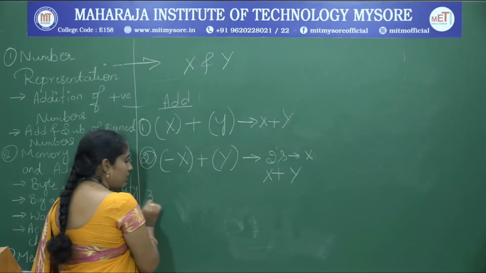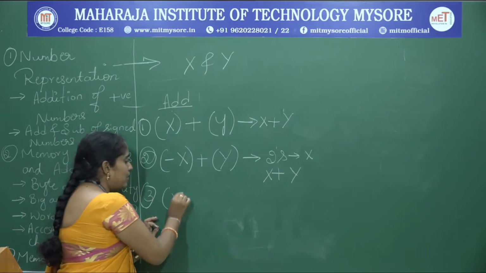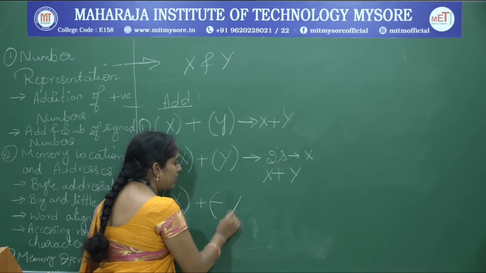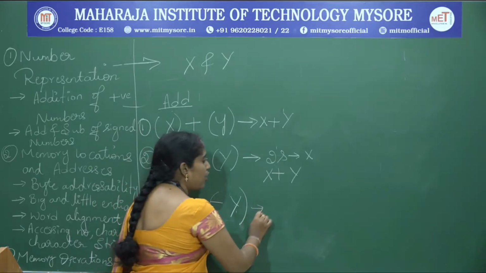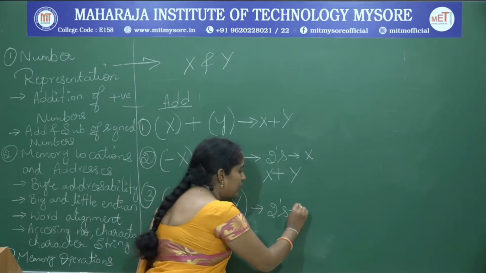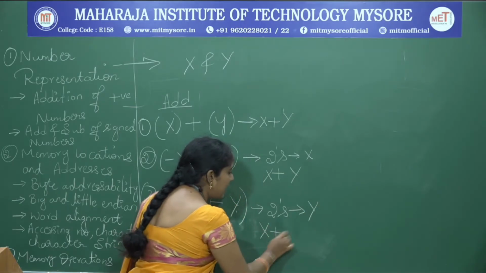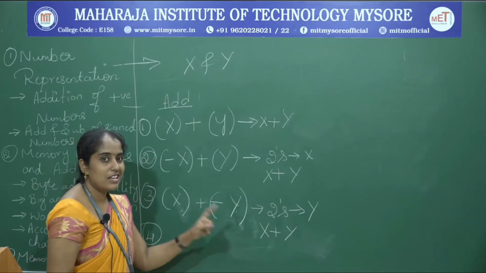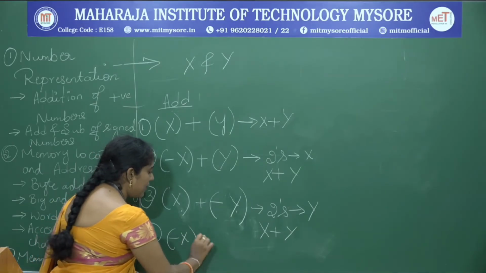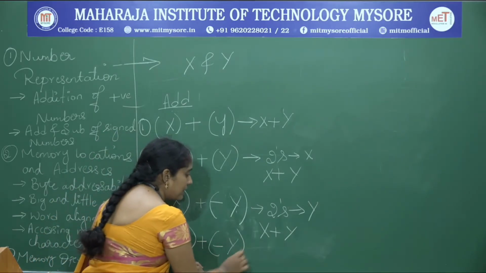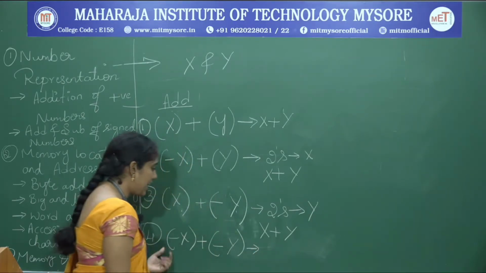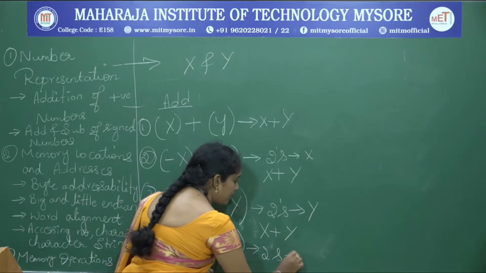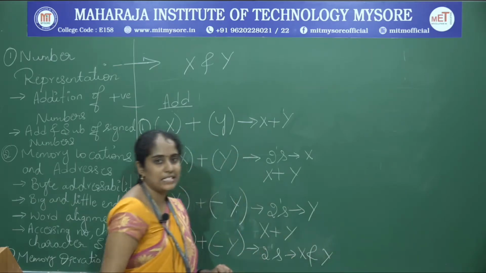The next formula: if x is a positive number and y is a negative number, take the 2's complement of y and then add x plus y. The fourth one: if both numbers are negative, minus x plus minus y, you need to take the 2's complement of both x and y, then add the x and y values.